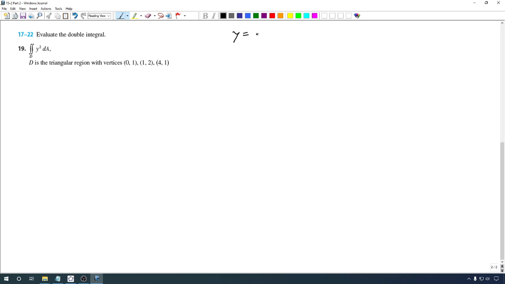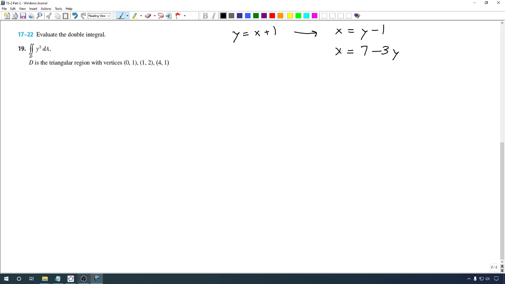But one of them, we actually mentioned here, is y equals x plus 1, which, since we're going to do this as a type 2 region, we want to solve for x, so x equals y minus 1. The other line, if you put that as a function x of y, would be x equals 7 minus 3y. I'll leave it to you to actually show that for yourself.